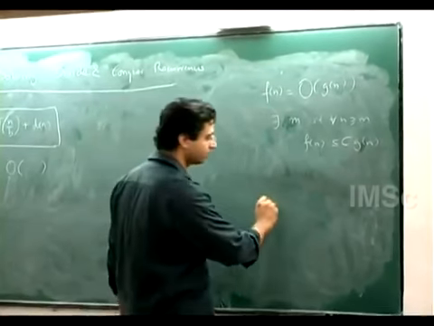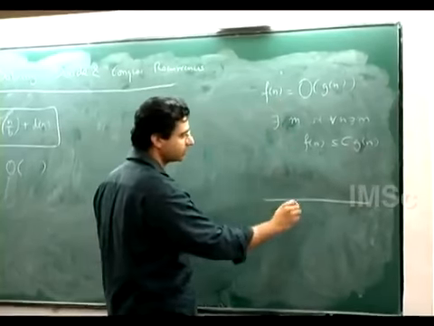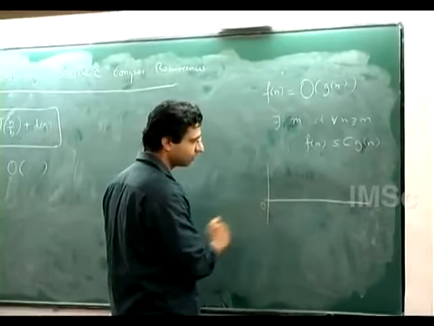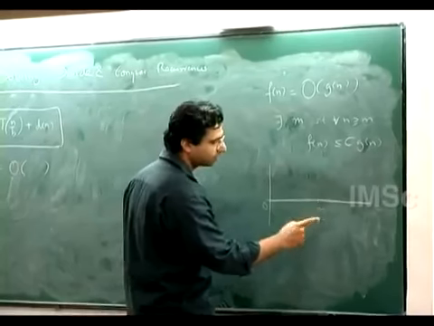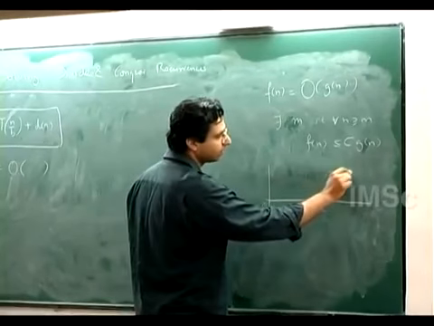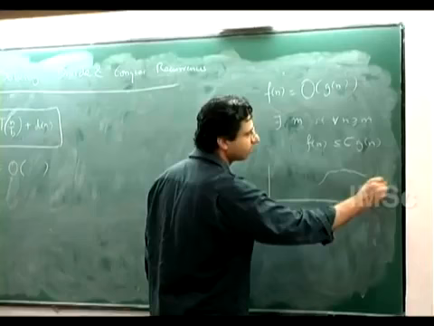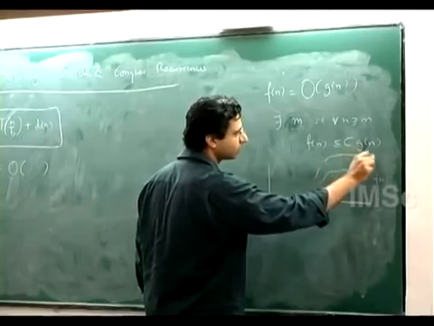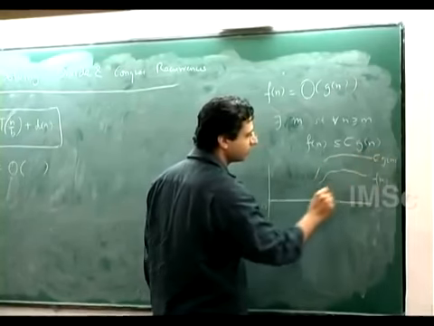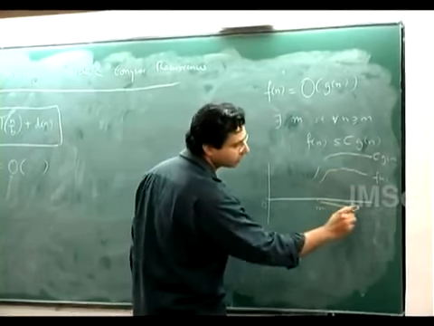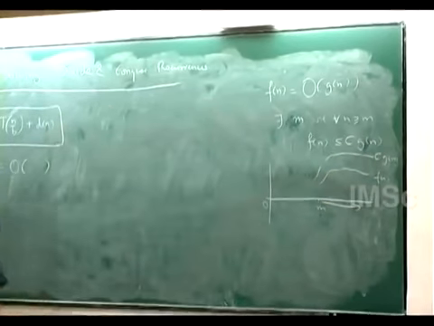If you draw the graph of these two functions, with this as the origin, there is some number m such that beyond this, some constant times g of n is greater than f of n.